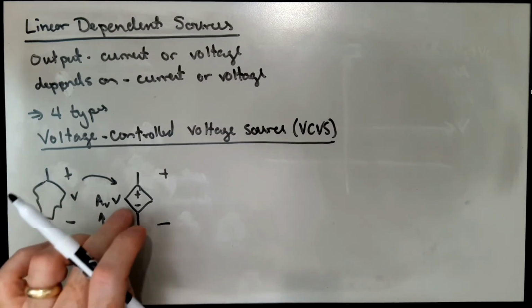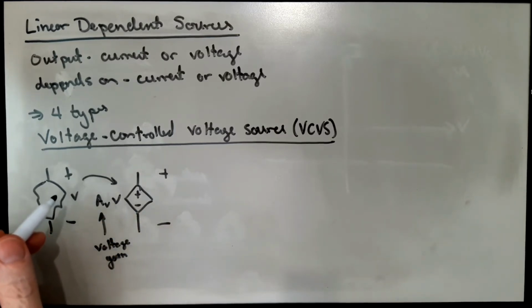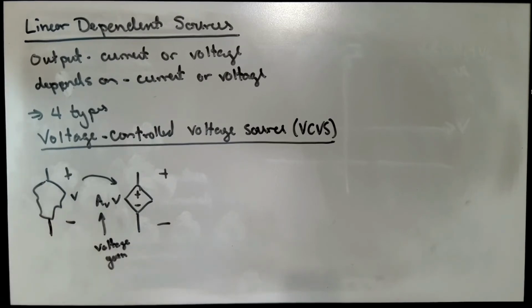We don't usually think about making a dependent source, although you can actually make each of the 4 types of dependent sources practically using a circuit, but usually they're used in modeling.